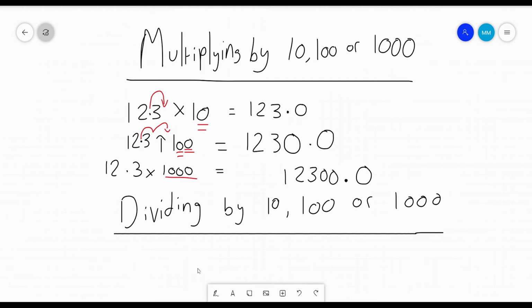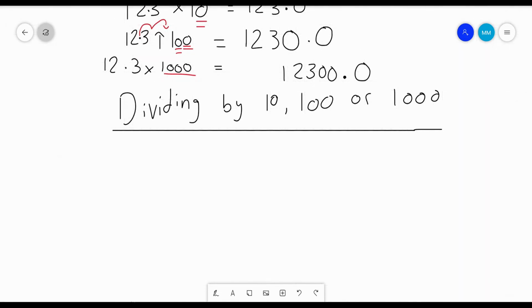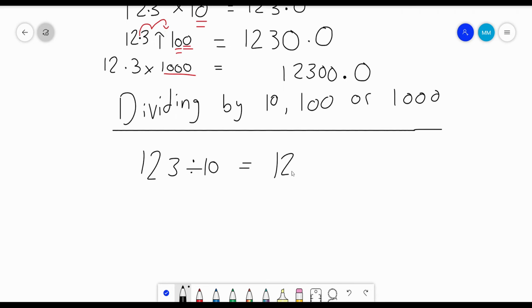If we move on to dividing, all you do is the complete opposite. So if you have 1, 2, 3 divided by 10, then we go the other way. So that becomes, right, the best thing to do here is write 1, 2, 3, and then imagine a decimal point.